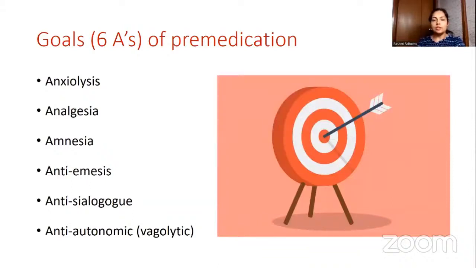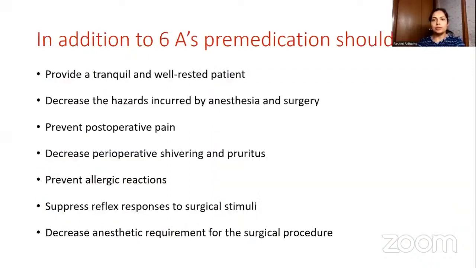The goals traditionally of pre-medication were anxiolysis, analgesia, amnesia, anti-emesis, anti-sialagogue, and anti-autonomic or vagolytic, which are known as the 6 A's of pre-medication.